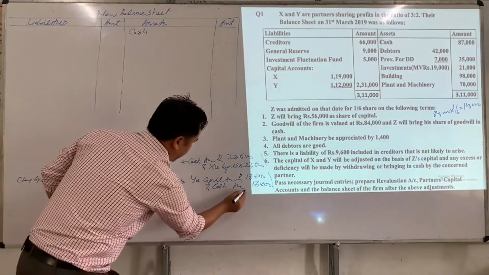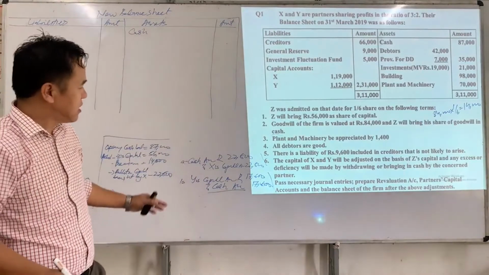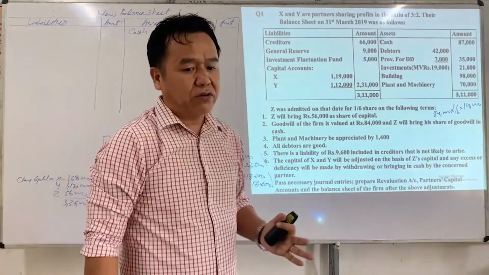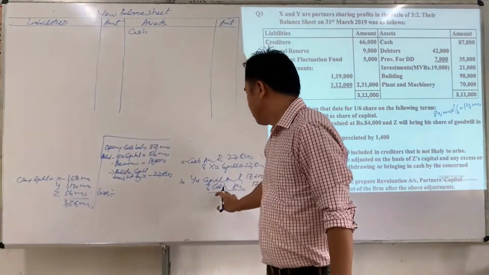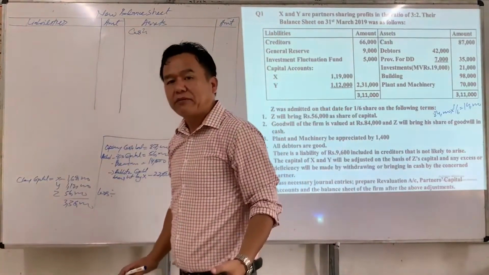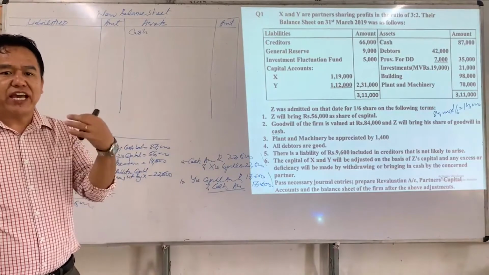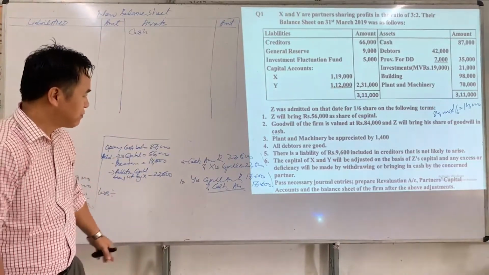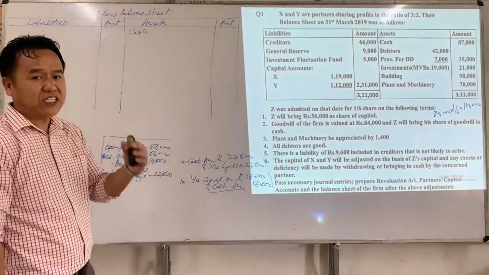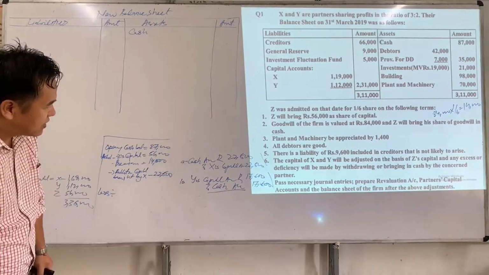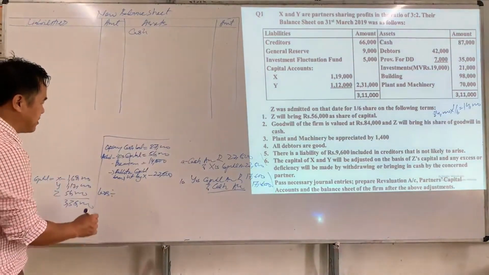Less. Here the cash account is credited, which means the excess amount is being withdrawn by Y, since his old capital balance is more than his new capital, which means he has to withdraw an excess amount of rupees 17,600. If he has withdrawn an excess amount of 17,600 in cash, then cash will be decreased.